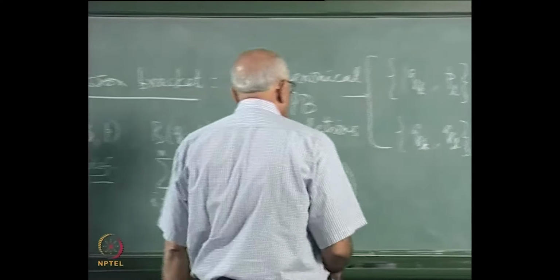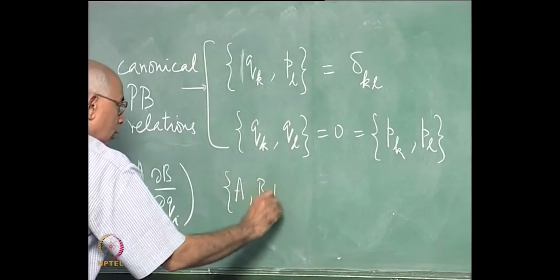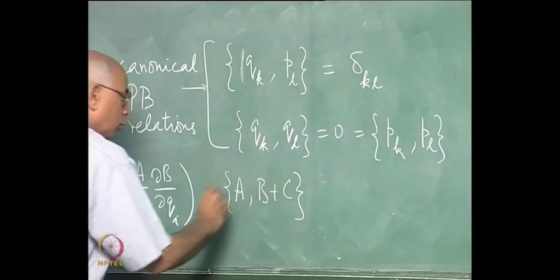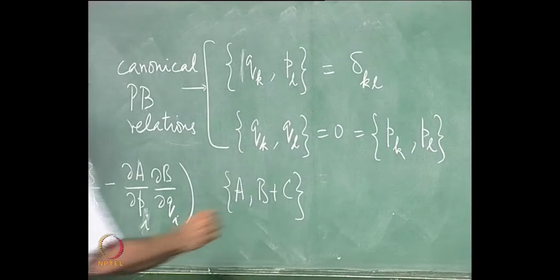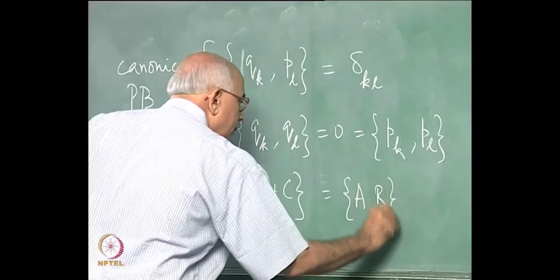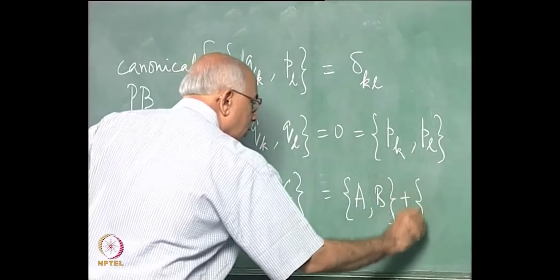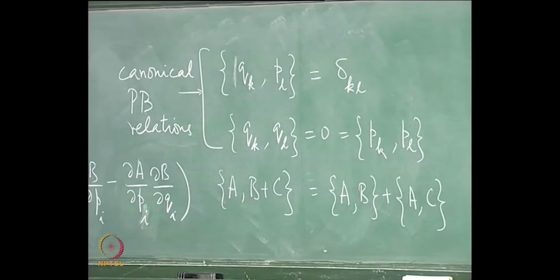and it has also got certain interesting properties of the following kind. A with B plus C, if you took the sum of two functions as the second member of the Poisson bracket, it is quite clear this is equal to A with B plus A with C. It is immediately obvious that this is so.